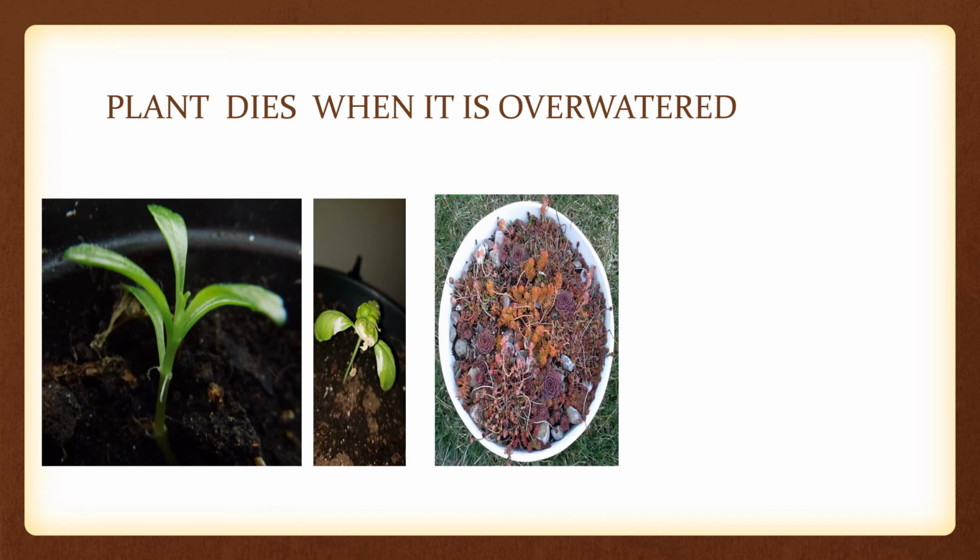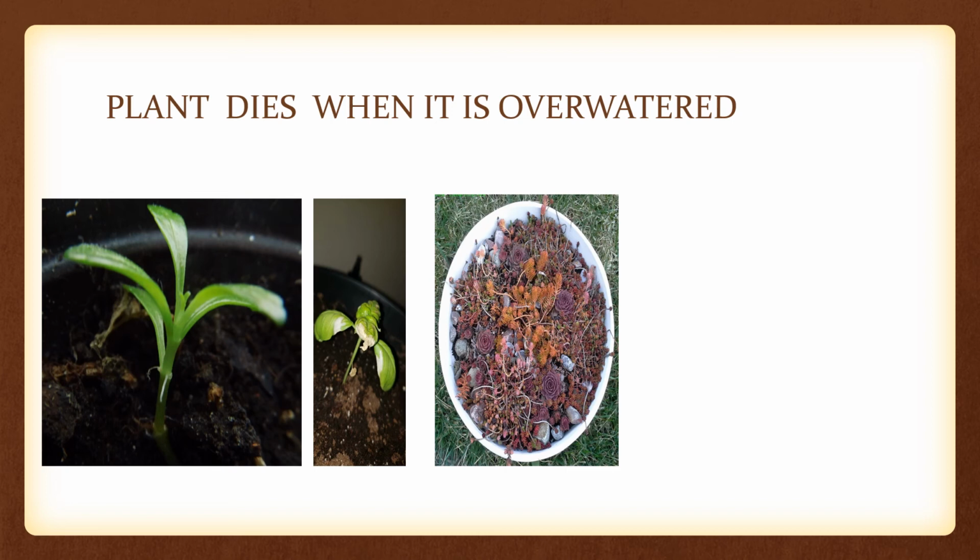The reason is that the air spaces in the soil get blocked by water, and the roots cannot absorb oxygen. The roots cannot take in oxygen. Slowly the roots die, and the plant also dies slowly. Okay, so a plant dies when it is overwatered.